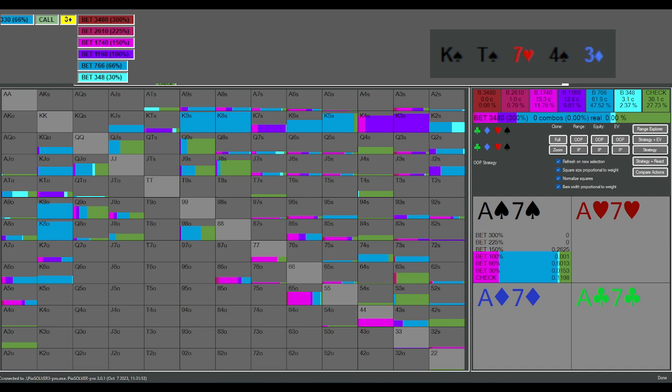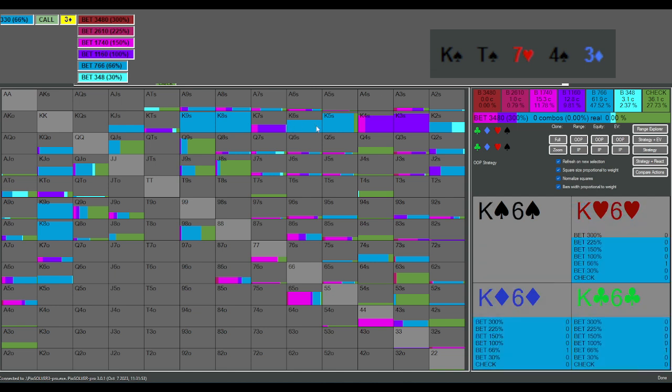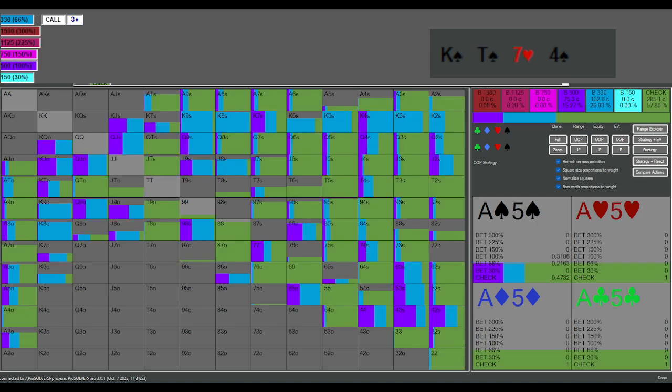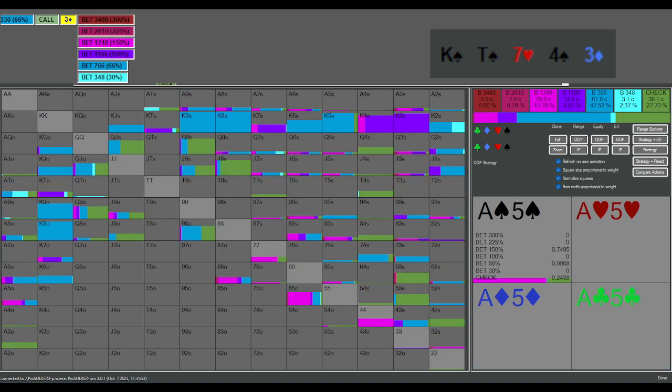And again, if you think they're not going to defend less than top pair enough, well, suddenly that's going to change your strategy. So, yeah.